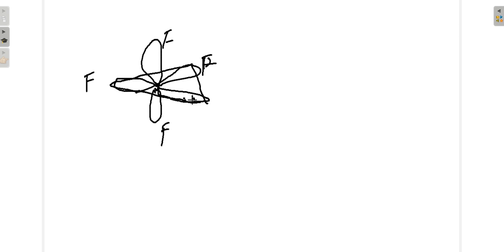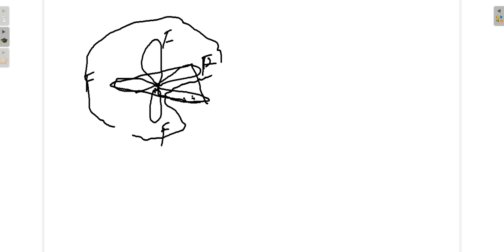Now please note, while drawing the structure, the lone pair is not considered. So the structure will be like this only. This particular lone pair is not considered while drawing the structure. So you can see that. See the shape. How does the shape look?